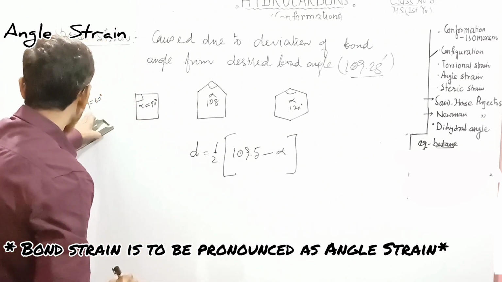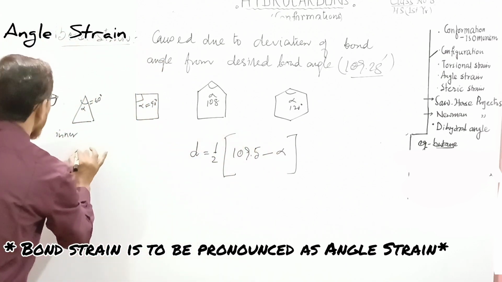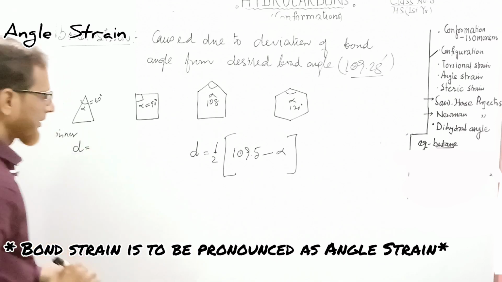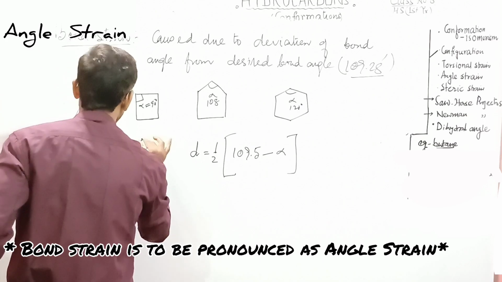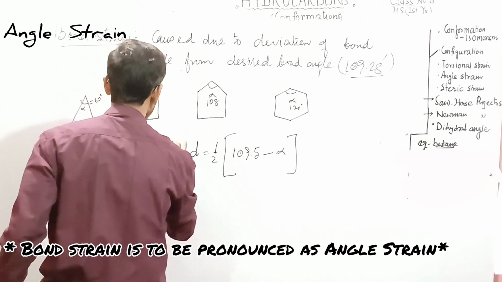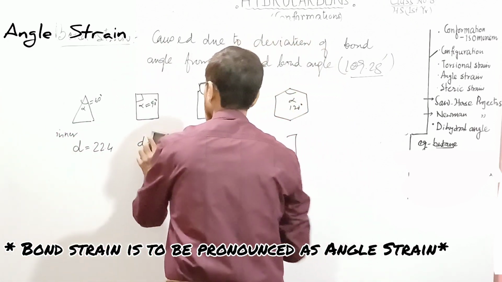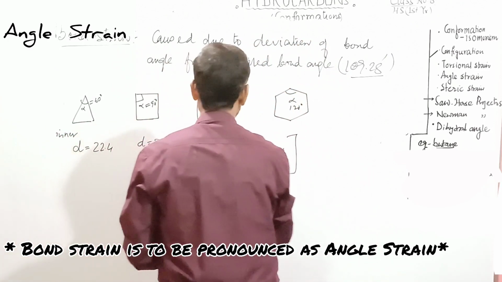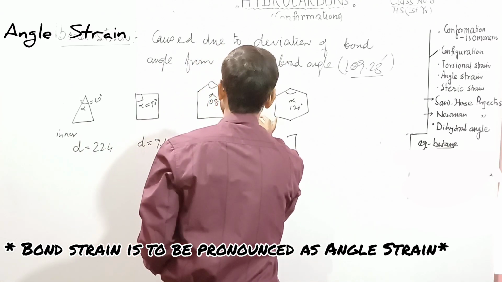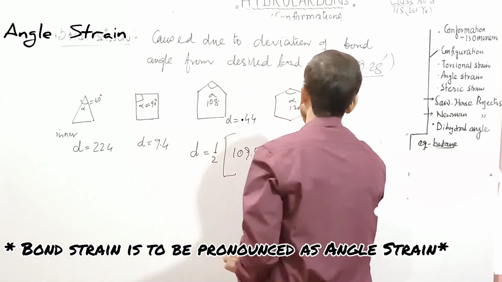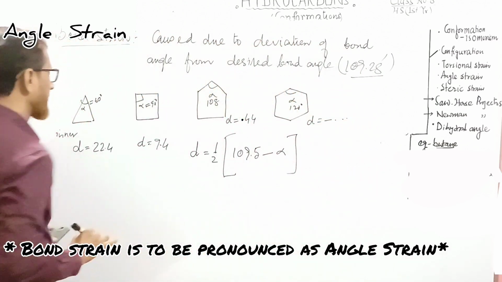So if you assume alpha is equal to 60 and place this value, you get the deviation as 24.44. Here you will get a deviation of 9.44. In this case you will get 0.44. In this case you will get a deviation of minus something; you calculate yourself.